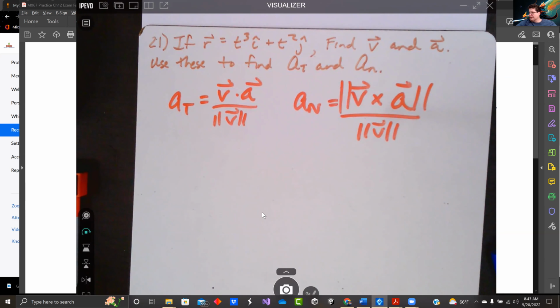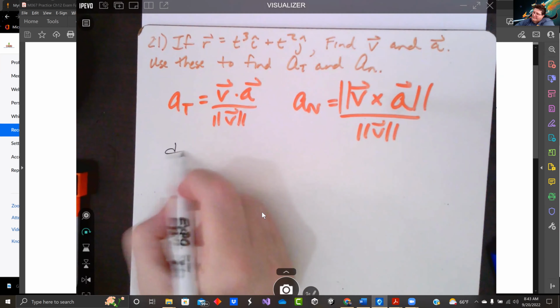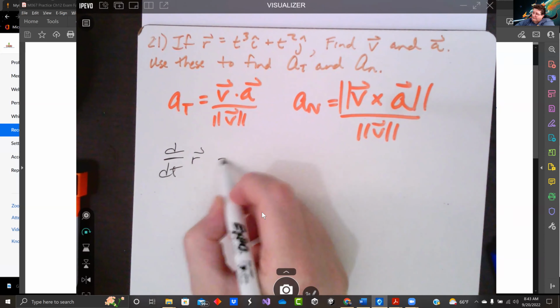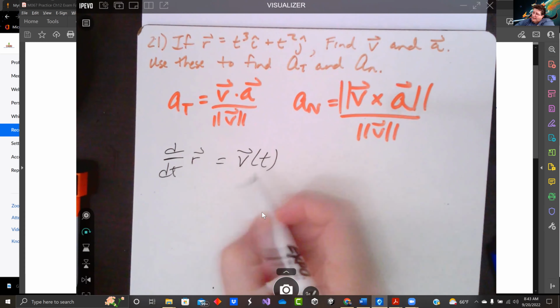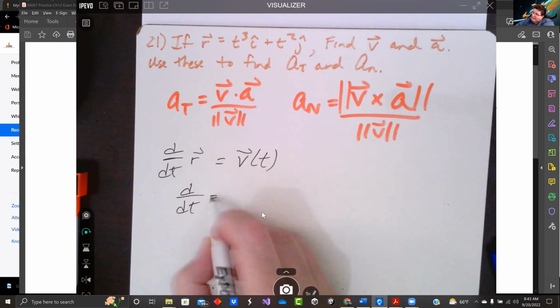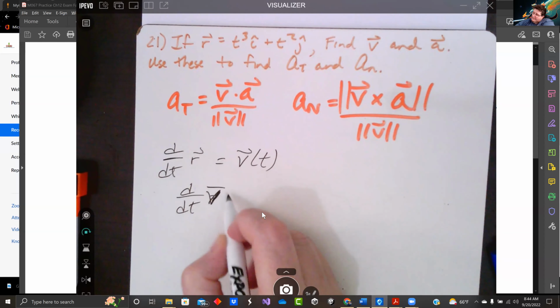That last problem and this problem assume something that maybe, if you didn't watch the video and haven't taken physics, you don't know. d/dt of r, or position, is velocity, and d/dt, the time derivative of velocity, is acceleration.